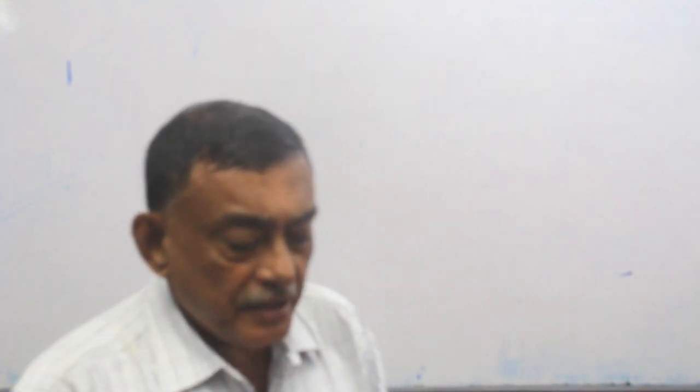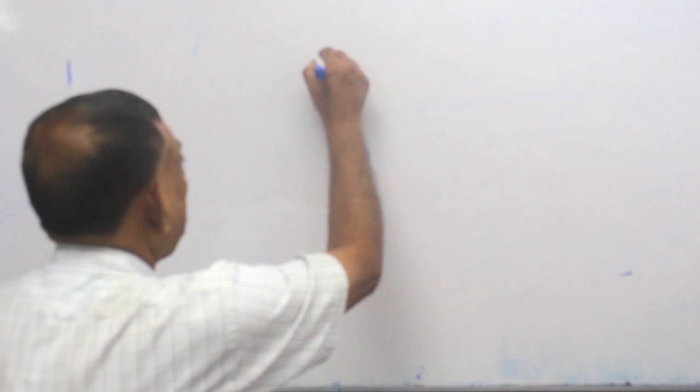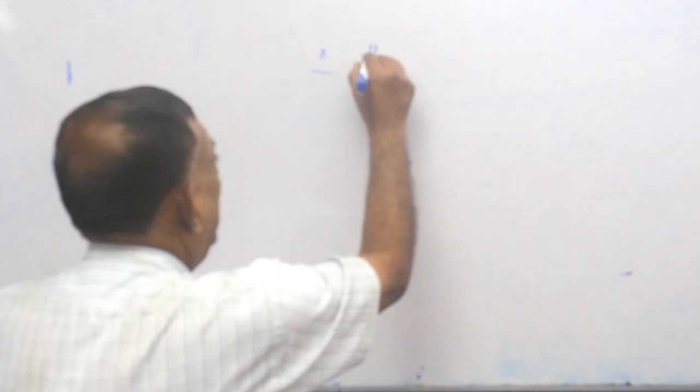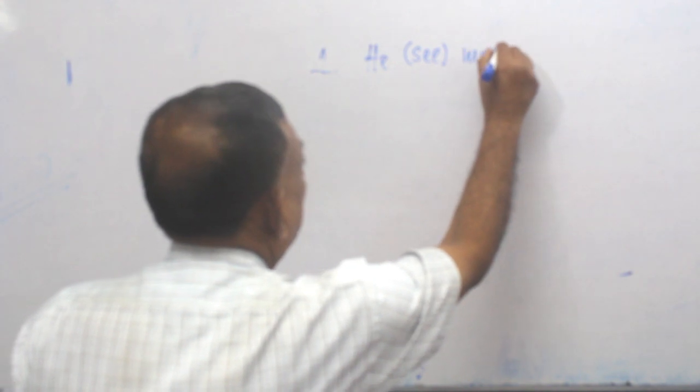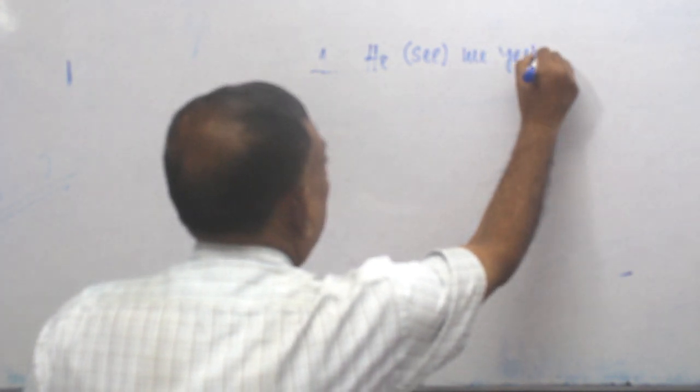Now, first of all, I will talk about how, when a sentence is given, to solve the problem within the shortest possible time, giving the tricks. Number one: "He see me yesterday."